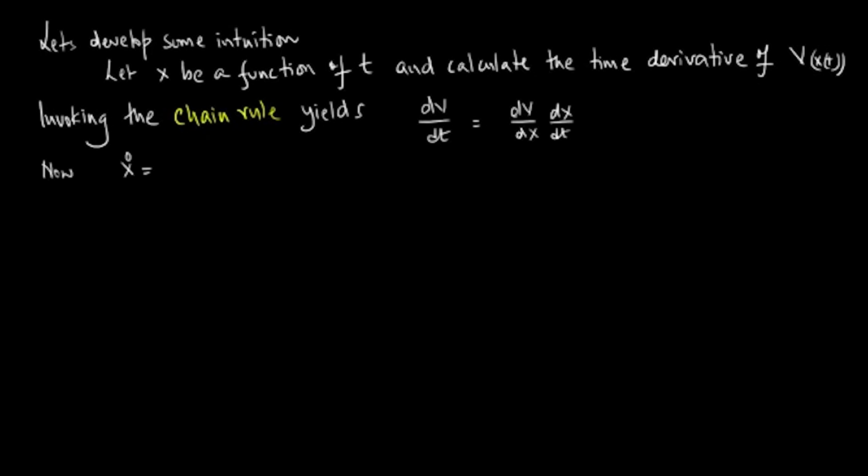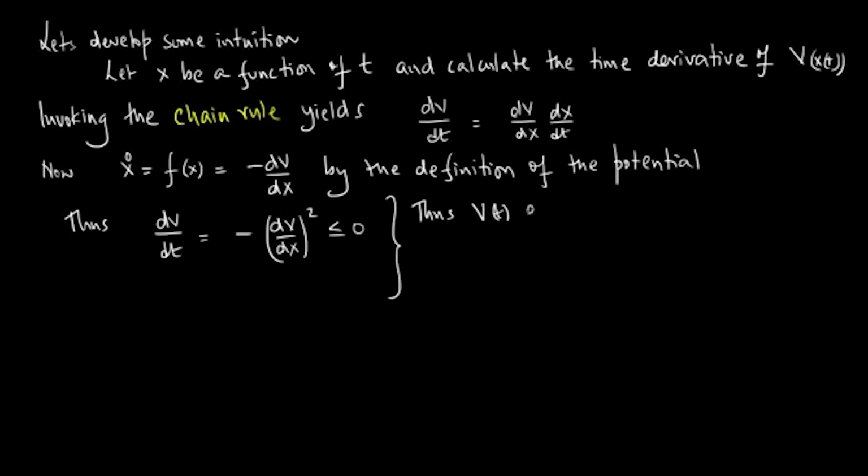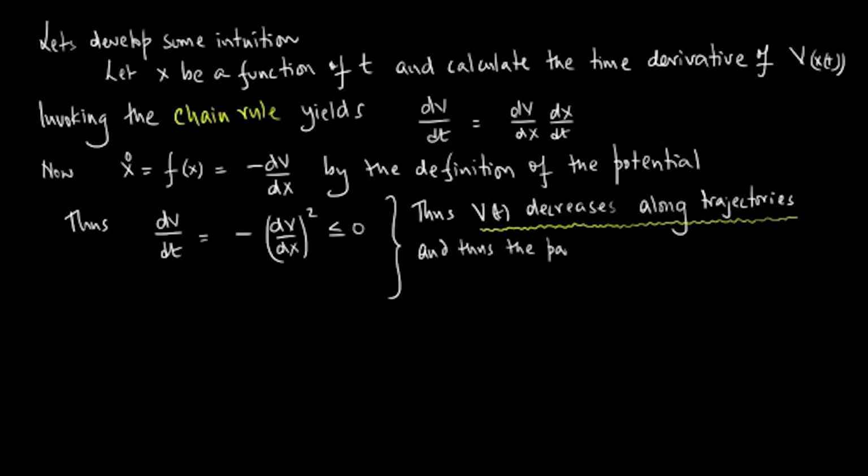So now x dot is equal to f of x, which is equal to minus dV dx, and that is simply by the definition of the potential. Thus dV dt is equal to minus dV dx whole squared, which would be less than or equal to 0. So V decreases along the trajectories, and that's worth highlighting. And thus the particle moves towards a lower potential.